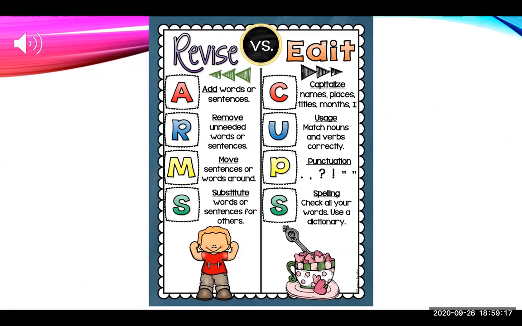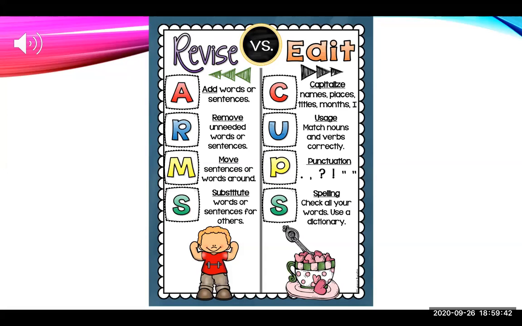Today we're going to edit and revise our letters. We're going to use arms and cups just like we have in the past. A, to add words or sentences. R, to remove unneeded words or sentences. M, to move sentences or words around. S, to substitute words or sentences for others.